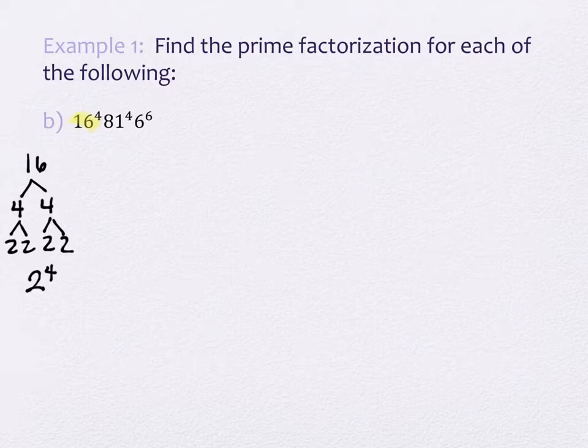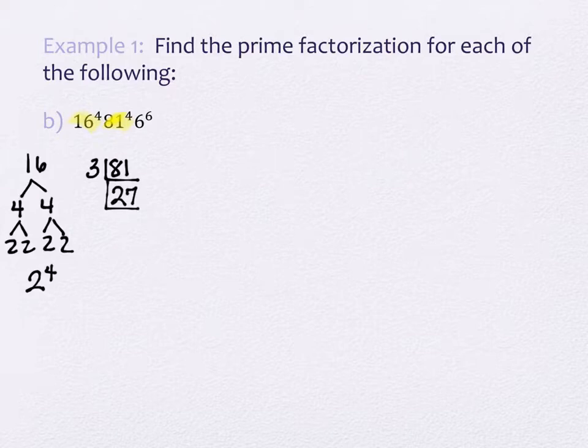Okay, great. Let's do the next one, the 81, but let's do it with the other way that I did it, okay? So let's do 81. What is the smallest prime number that 81 divides by? 9's not prime? Yeah. 3. 3 will work. What is 81 divided by 3? 27 is right.